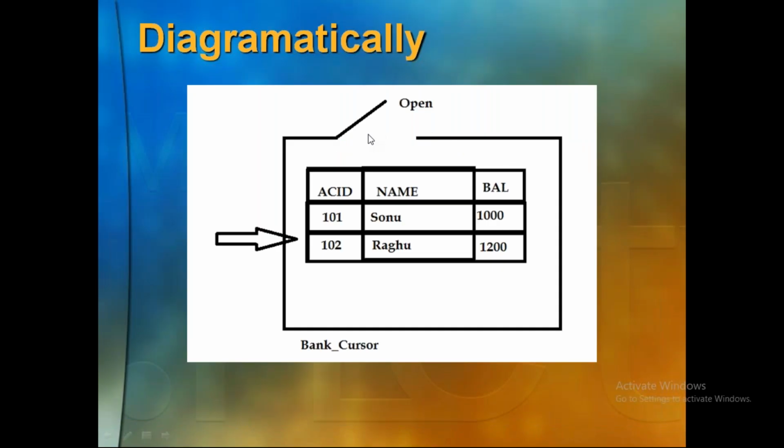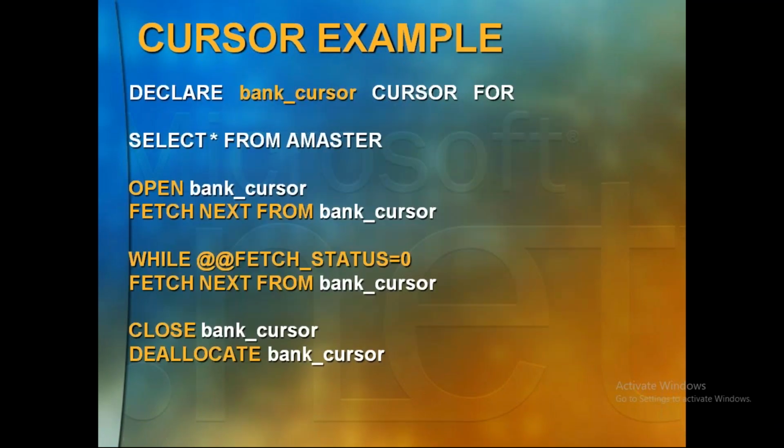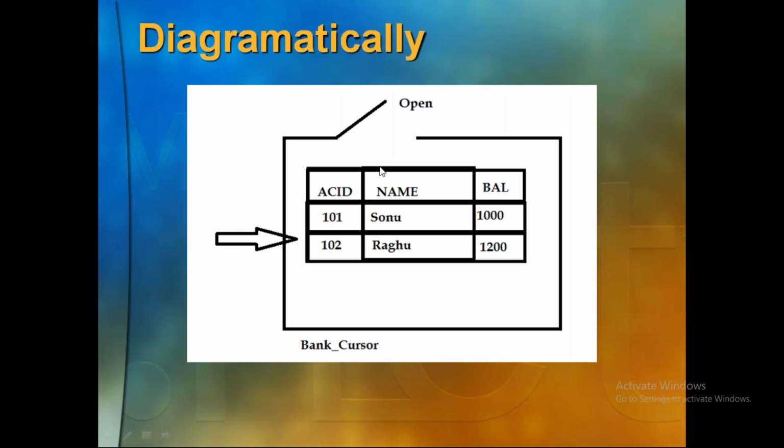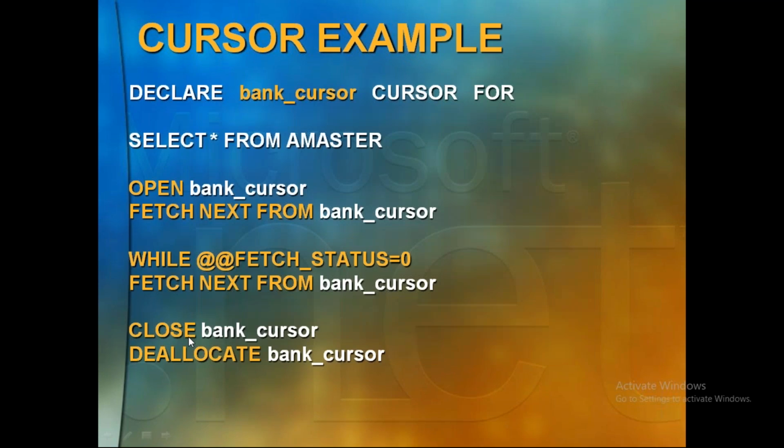Closing it doesn't mean that it is going away from the temp DB. Still, you have the space in the temp DB. You can still open it after closing it. But to remove the space, we have to use DEALLOCATE bank cursor. Only then the space will be deallocated from the temp DB.